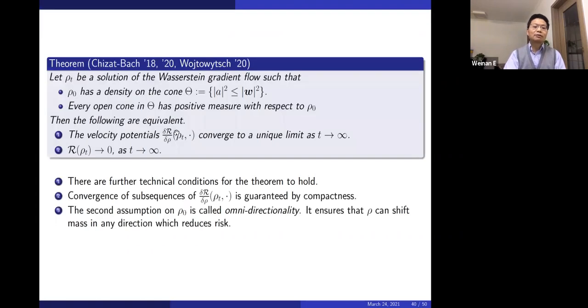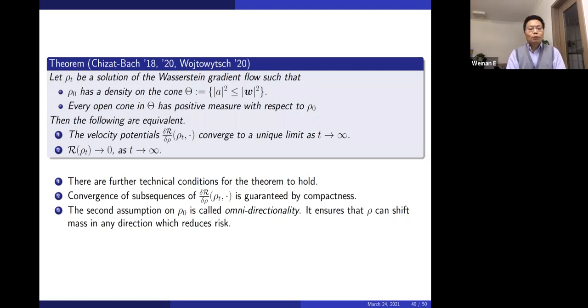There's one interesting result, which is proved by Chizat and Bach, and also improved by Wojtowytsch, which essentially says the following: that as long as the initial distribution has full support, then if this thing converges, it must converge to a global minimum.